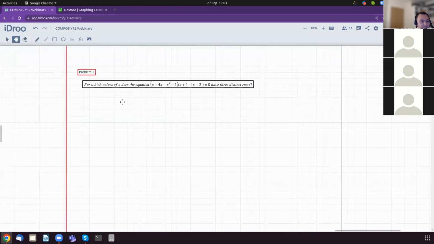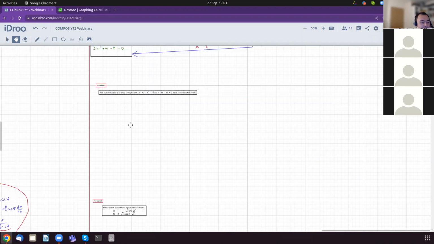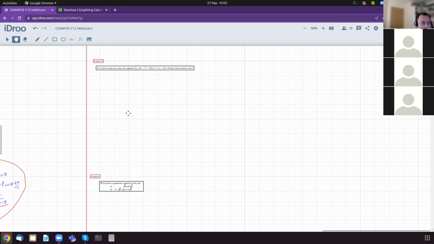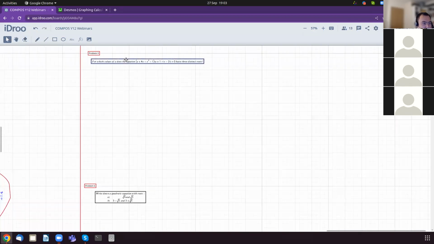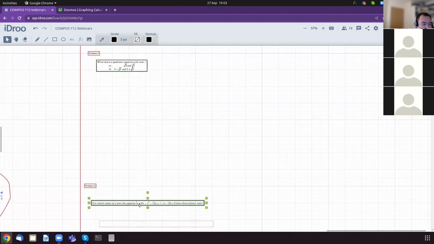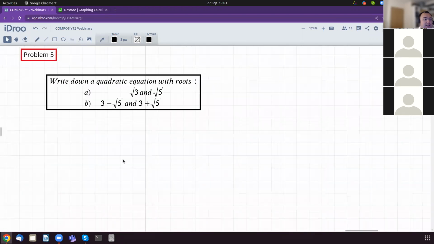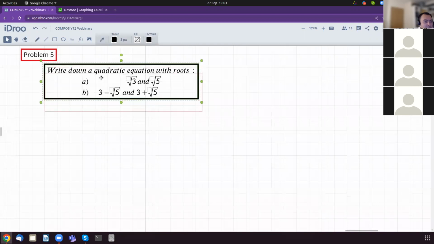Problem 5. Actually, before problem 5, I'll switch those two problems. This is the same problem, but much easier. Problem 5: write down a quadratic equation with given roots. We do the same thing.